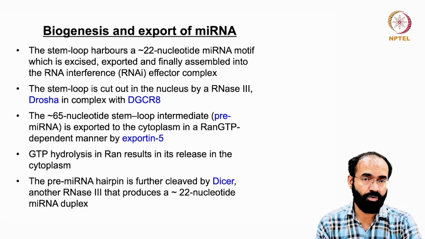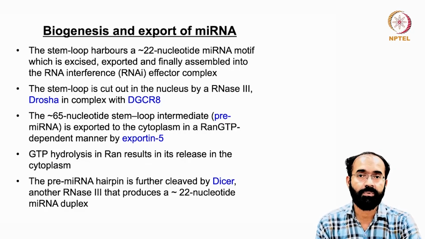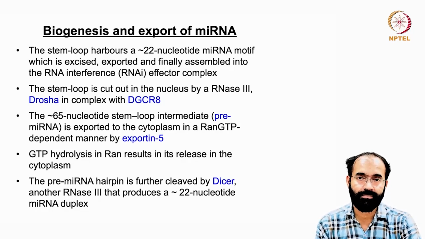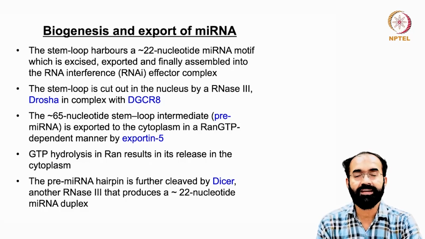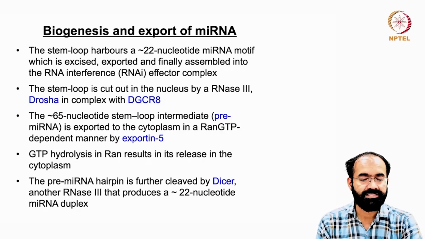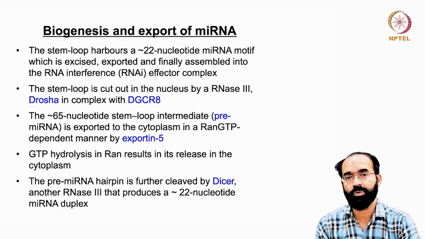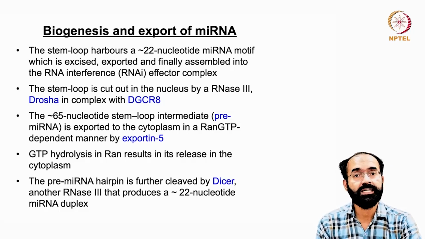Earlier it was pri-microRNA, and now after being cut by the RNase 3 Drosha and DGCR8, we call this product pre-microRNA, which is exported to the cytoplasm in a RAN-GTP dependent manner by exportin 5. So exportin 5 contributes to the transport, and the GTP hydrolysis in RAN results in the release of the cargo, that is the 65 nucleotide stem loop intermediate microRNA, into the cytoplasm.